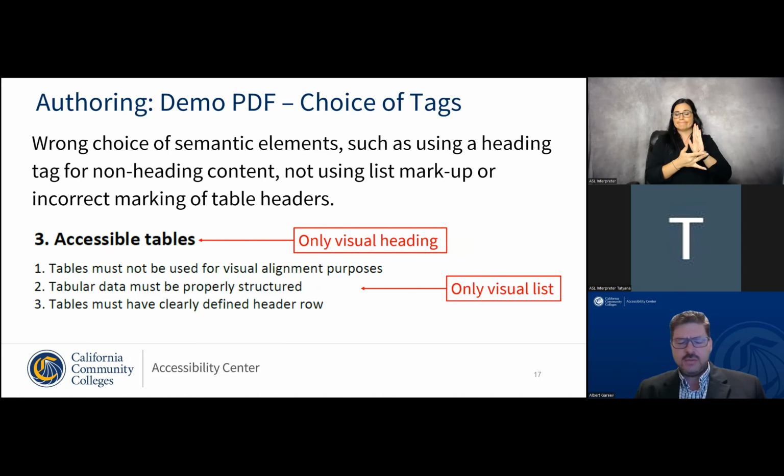Because of that, assistive technologies will not be able to announce it correctly as a heading. So it becomes not distinguishable from plain text and not navigable. Same way for the 3 requirements for tables, I tried to trick you and I saw that someone didn't fall for that. What we have as 1, 2, 3 is just plain text. No list markup was used.